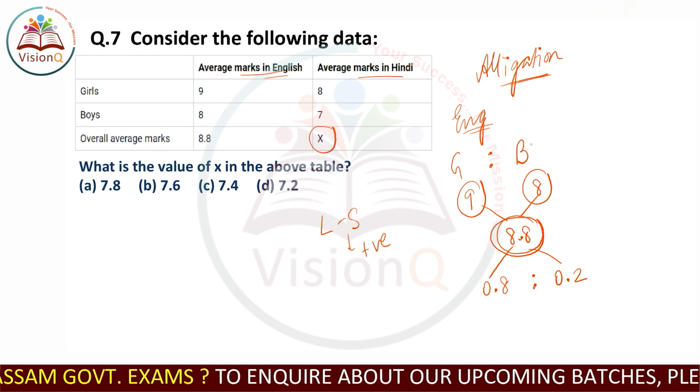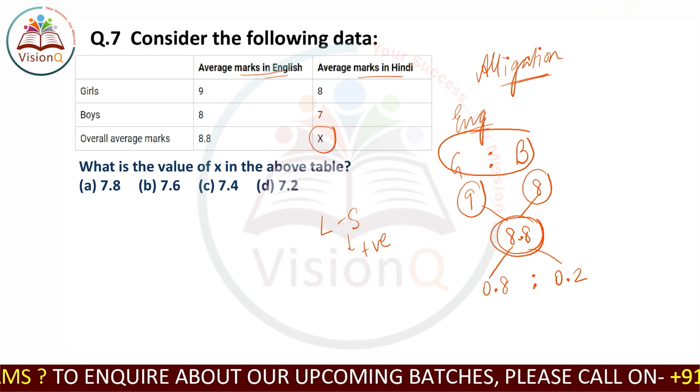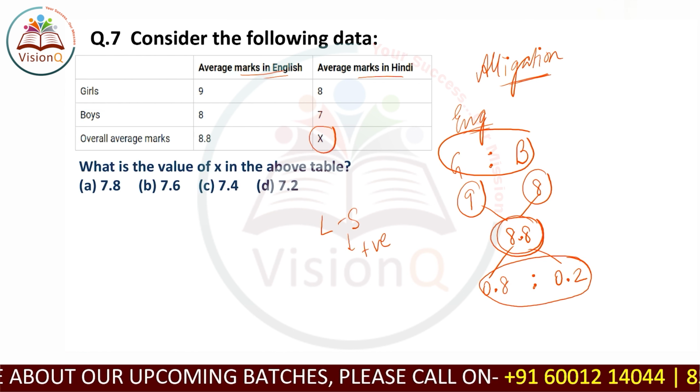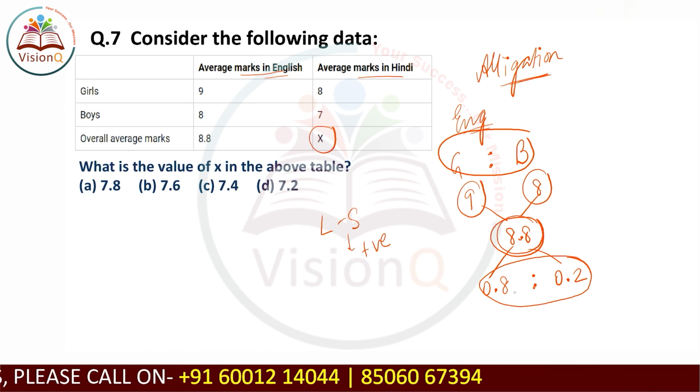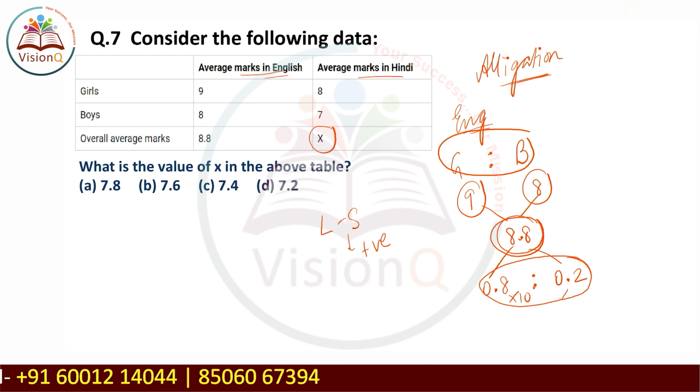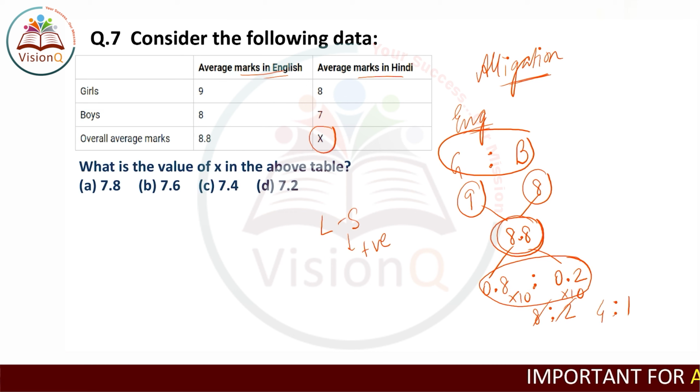As per the concept of allegation, this ratio and this ratio are always equal. If I multiply both terms by 10, it is 8:2. That means 4:1. So this is the ratio of girls and boys.